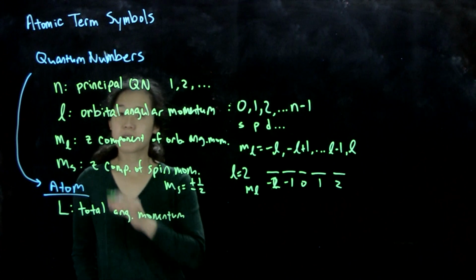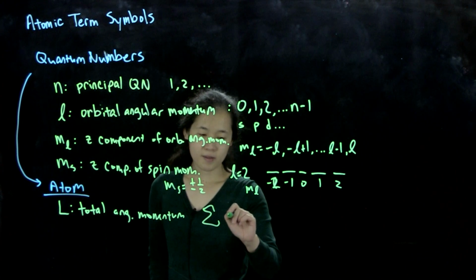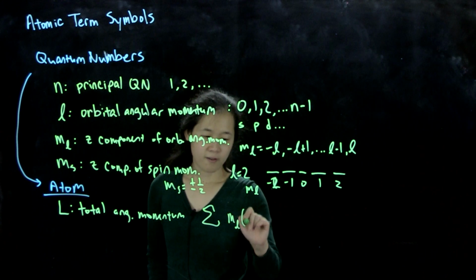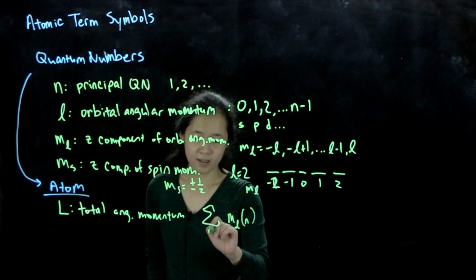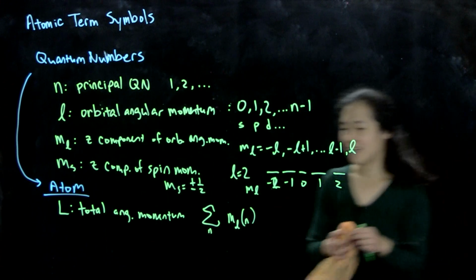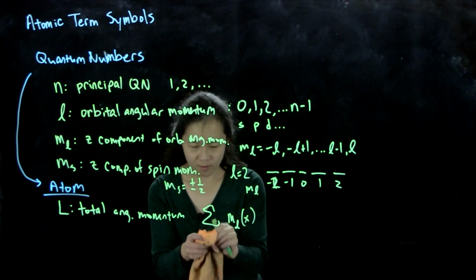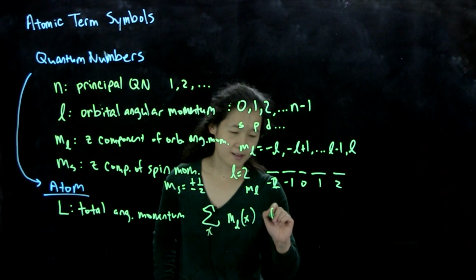This is going to be summing across all your electrons, the m sub L of each of the x electrons.